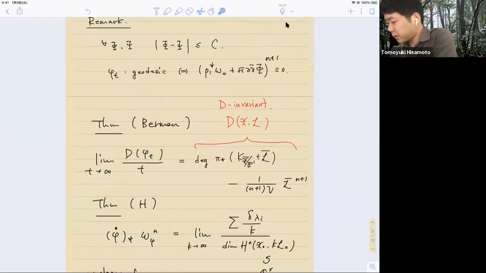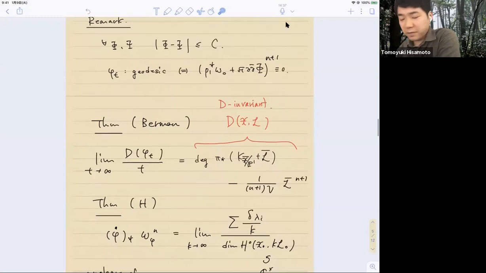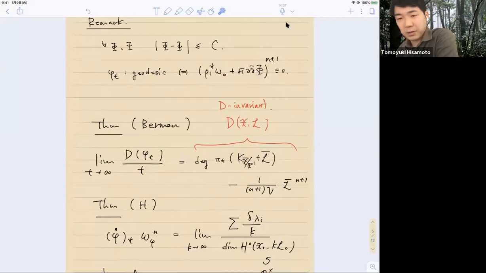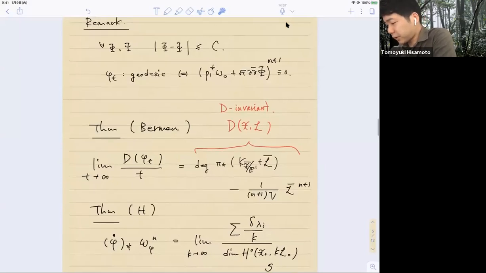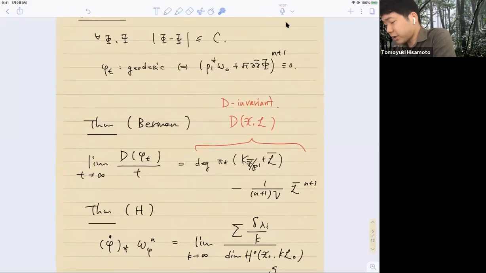Because if this D invariant is positive, then the slope along any geodesic is positive. So we can expect that the D energy, the D functional, is proper. We can also expect that the energy functional has a critical point. That is one story for showing the existence of a Kähler-Einstein metric.